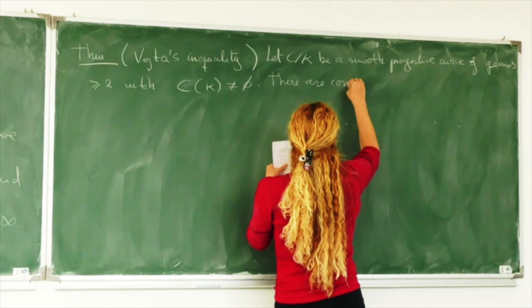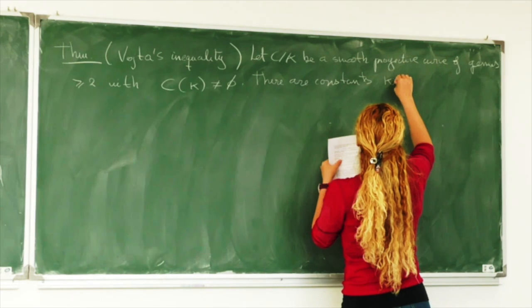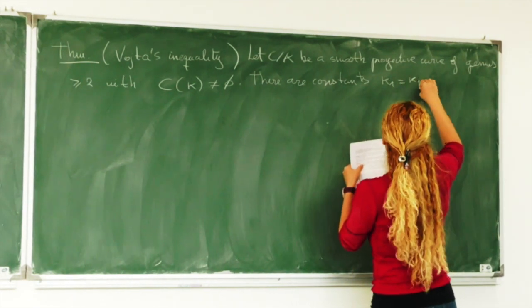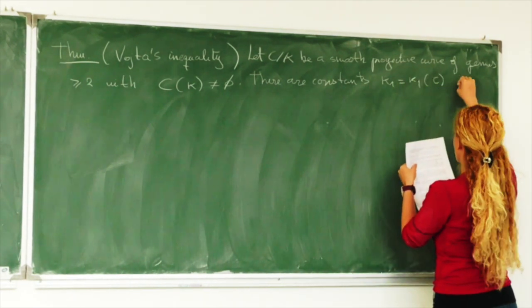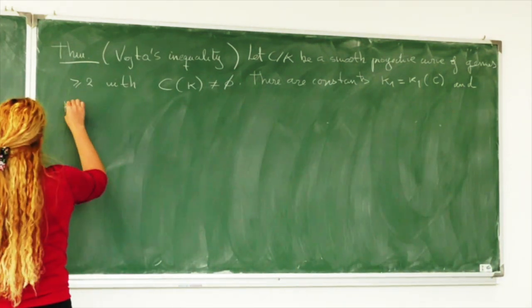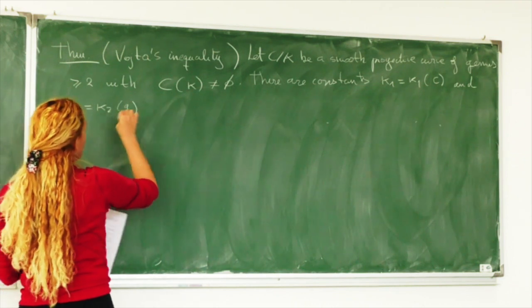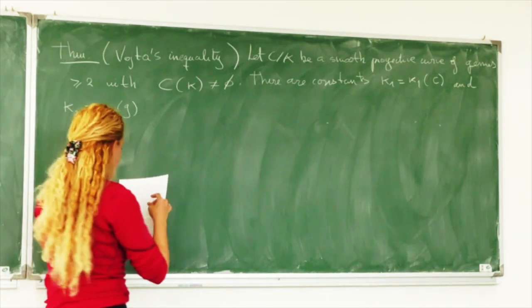there are constants, kappa 1, that depends on the curve, and kappa 2, that is independent of the curve, but depends on the genus of the curve.